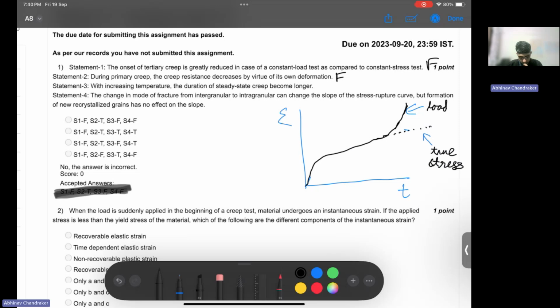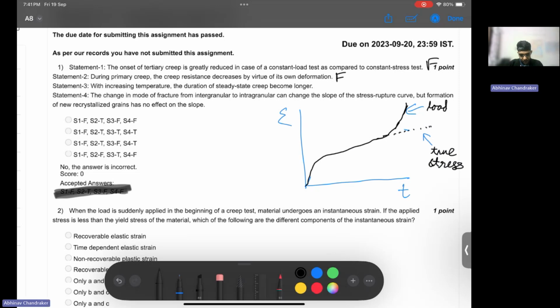With increasing temperature, the duration of steady state creep becomes longer. Steady state creep is because you have balance of recovery as well as work hardening.